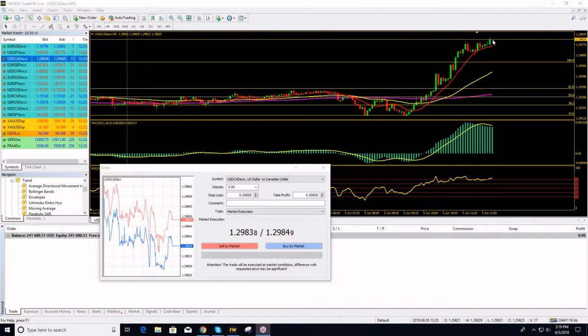So again, we wait for this candle to break below 10 and we'll go short, guys. Let me confirm that.